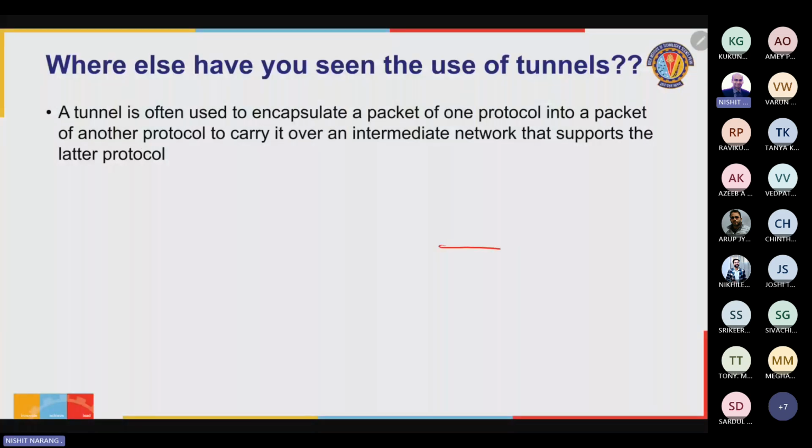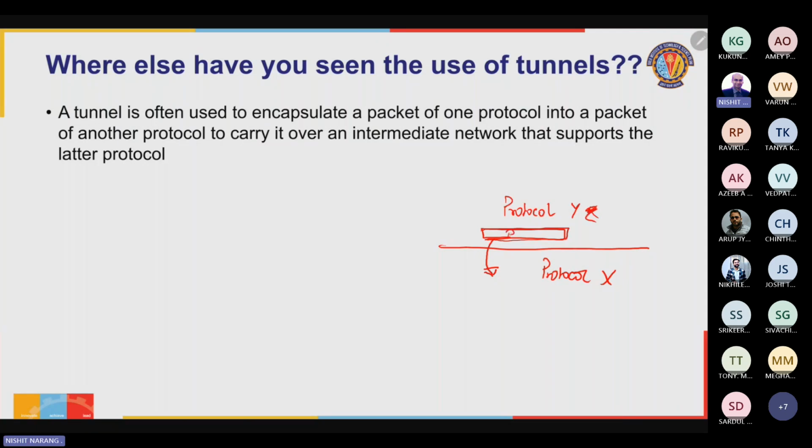So what we're saying is you have this underlay network which supports protocol X, and I want to create an overlay network that supports networking protocol Y. It's completely possible because protocol Y will generate a packet which is compliant to the framing as per protocol Y. So it will create a frame. When I pass it to the underlay network, which supports protocol X, it doesn't even understand protocol Y. What will the underlay network do?